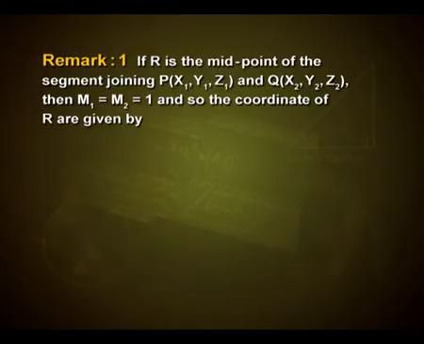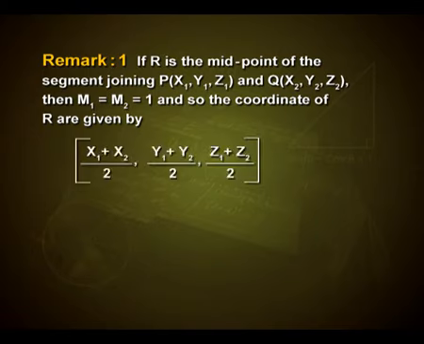If R is the midpoint of the segment joining P and Q, then m1 is equal to m2 is equal to 1, and so the coordinates of R are given by (x1 plus x2) upon 2, comma (y1 plus y2) upon 2, comma (z1 plus z2) upon 2.